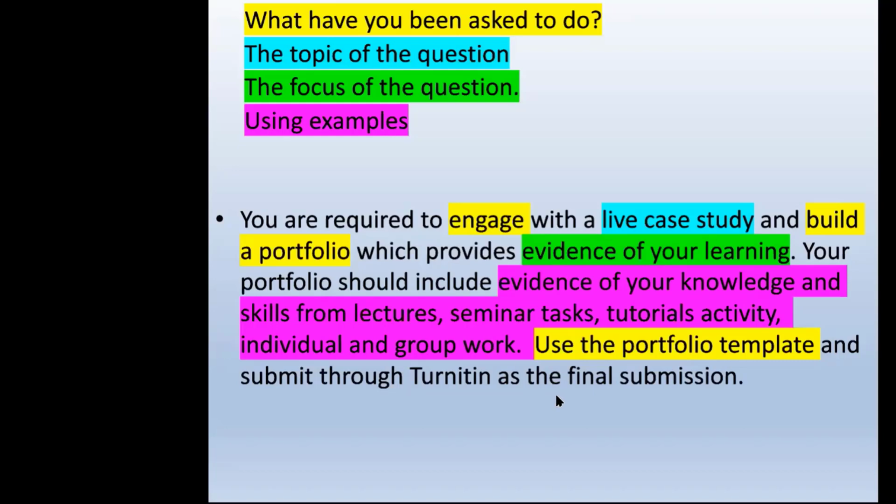So this assessment very much works by examples. You're continually being asked to find examples to prove that you've got evidence of your learning. So you can tell from this that you're going to be looking to have a lot of examples.